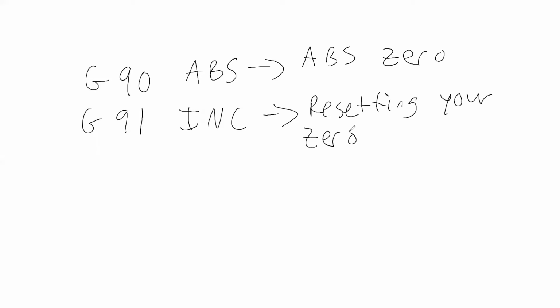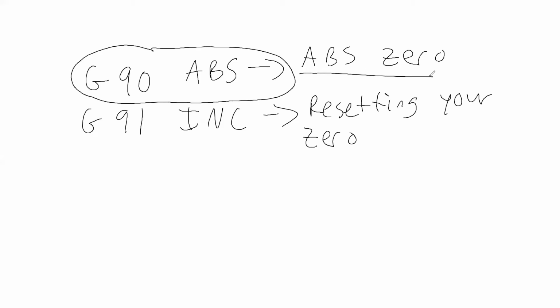So you're incrementally moving from distance to distance, point to point from your last point. We're going to concentrate on G90, absolute zero for our programming.